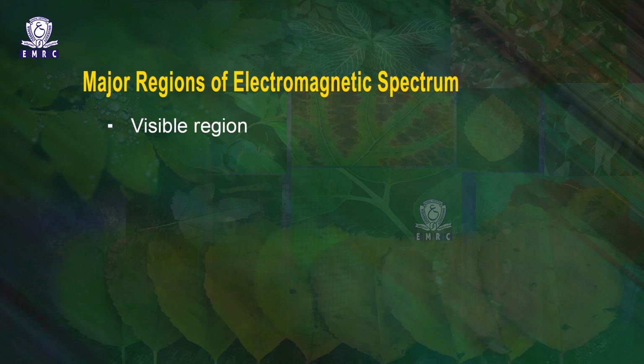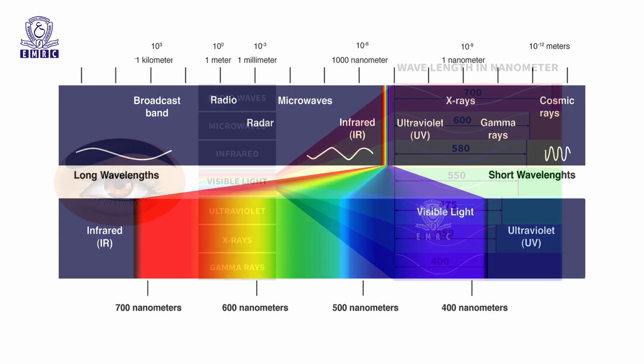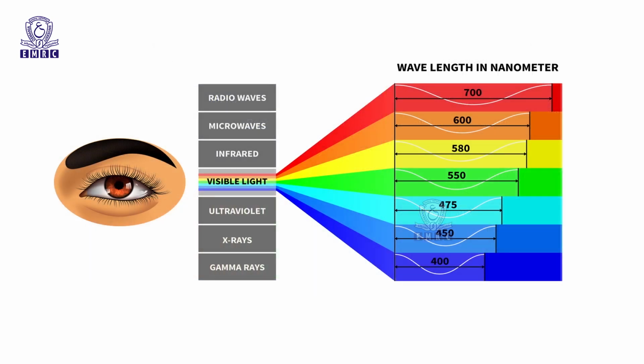Visible region, from 400 to 700 nanometers. Low reflectance, absorption and minimum transmission are observed in this region. The fundamental control of the energy-matter interaction with vegetation in this part of the spectrum is plant pigmentation.